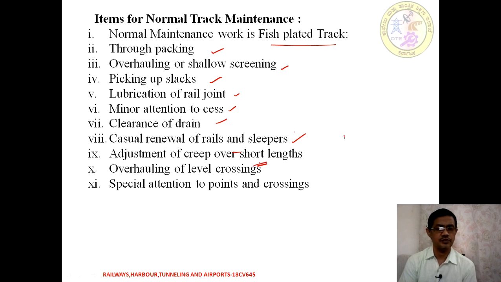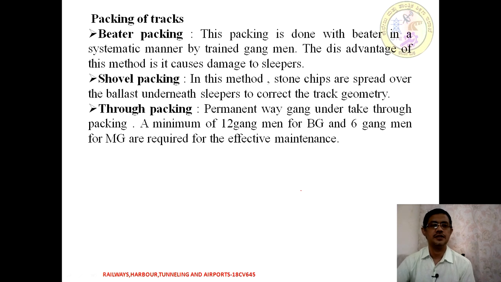Depending upon how much creep has occurred, creep corrections are done, along with overhauling of level crossings. Special attention has to be given in the case of points and crossings. These are always called track maintenance.